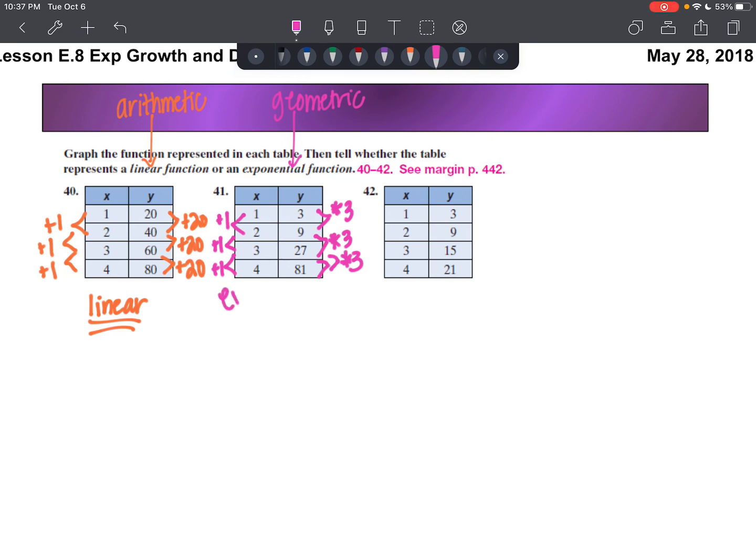That is geometric, which is an exponential function. And then this one looks like we're adding 6, adding 6, adding 6, and our x's are still just going up by a constant value of 1. This is a linear function.